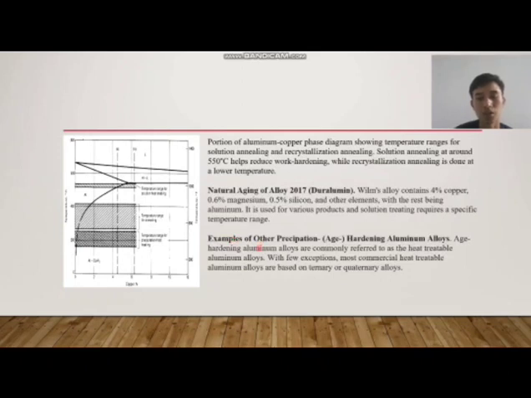Examples of other precipitation age-hardening aluminum alloys. Age-hardening aluminum alloys are commonly referred to as the heat-treatable aluminum alloys. With few exceptions, most commercial heat-treatable aluminum alloys are based on ternary or quaternary alloys.